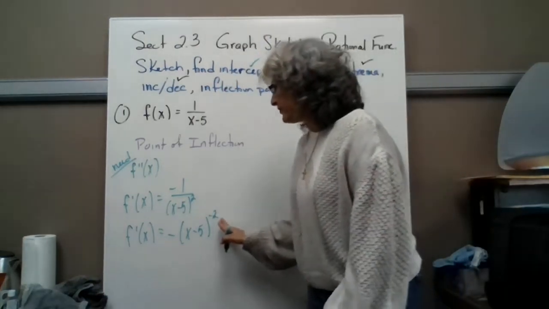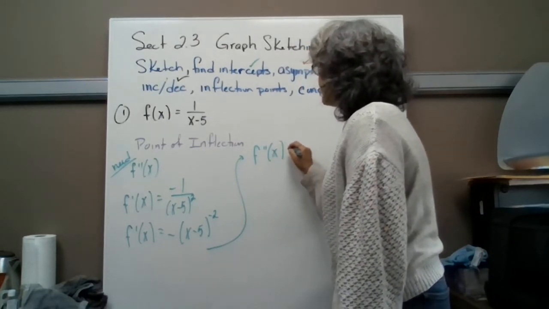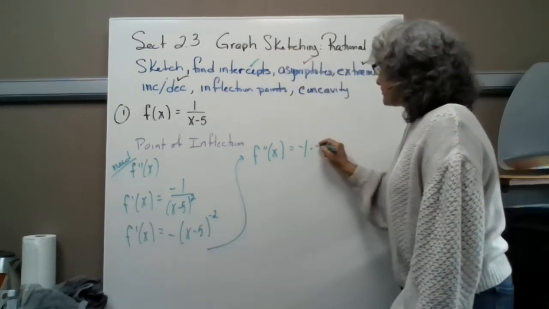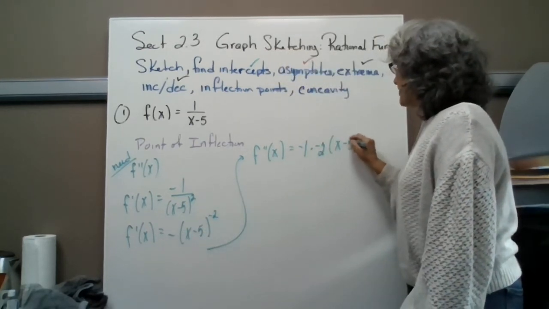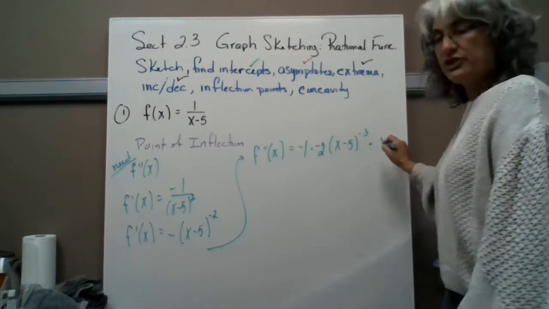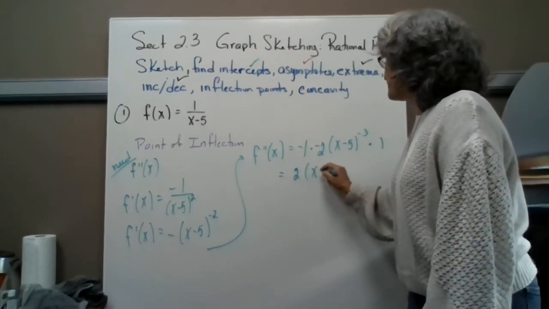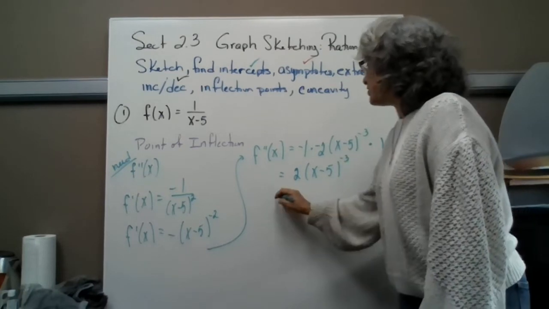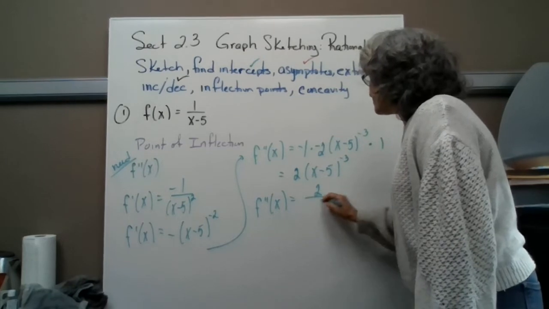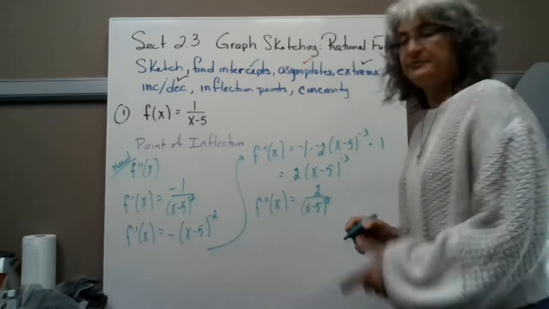To take that derivative for the second derivative, I have negative 1, bring down the power, reduce the power by 1, and then multiply by the derivative of the inside, which is just going to be 1. So in this case, I get a positive 2, which tells me derivative number 2 is going to be 2 over x minus 5 to the third power.